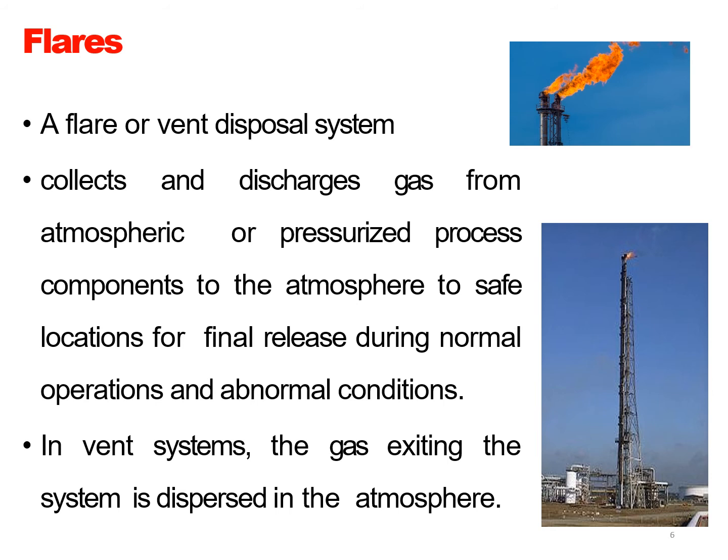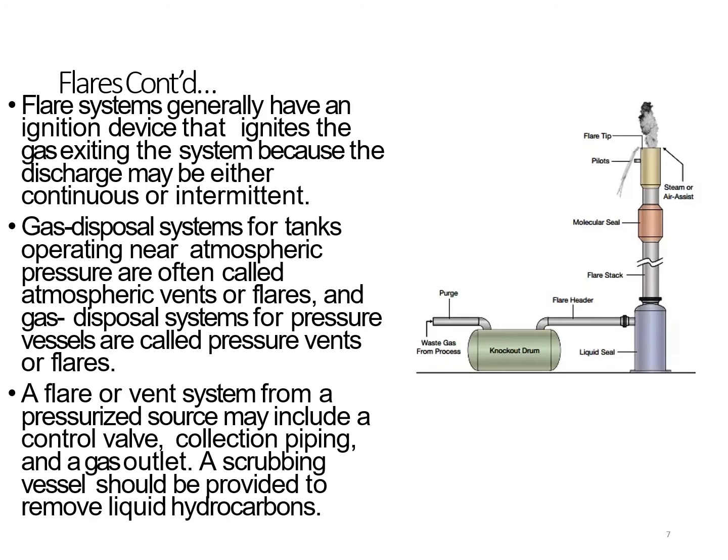In a vent system, the gas exiting the system is dispersed in the atmosphere. In flare systems, they have an ignition device that ignites the gas exiting the system because the discharge may be either continuous or intermittent.